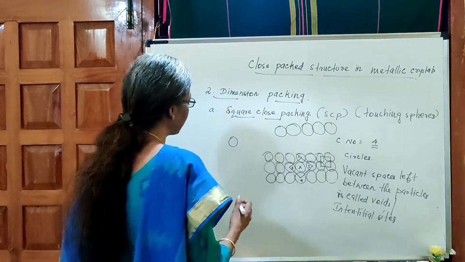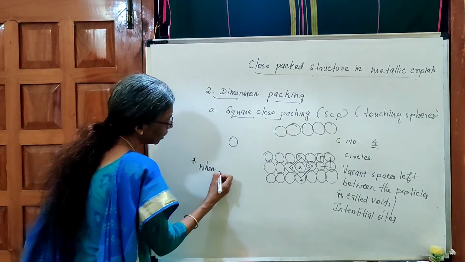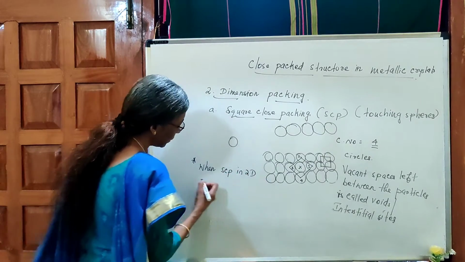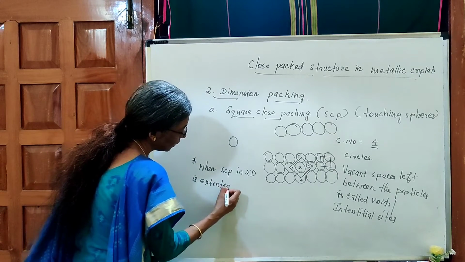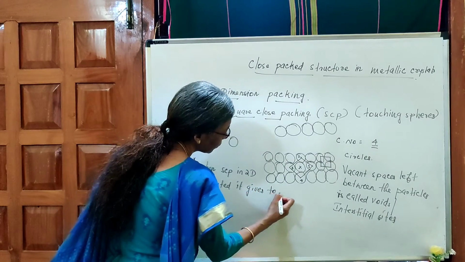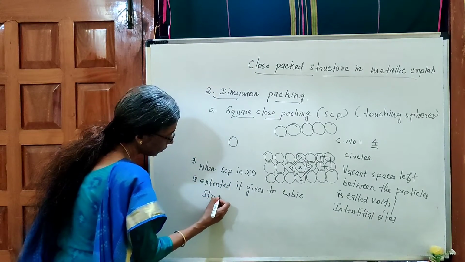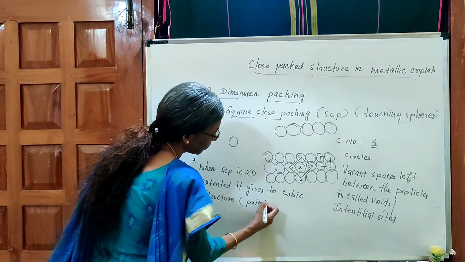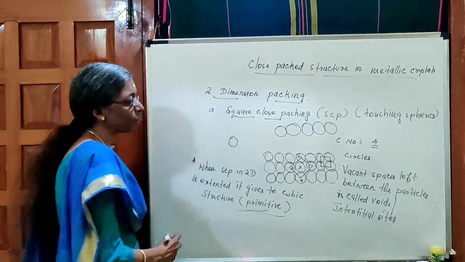Very important point: when square close packing in 2 dimensions is extended, it gives a cubic structure. Cubic structure means what you can explain, an ordinary primitive structure. Okay, this is a very important point.